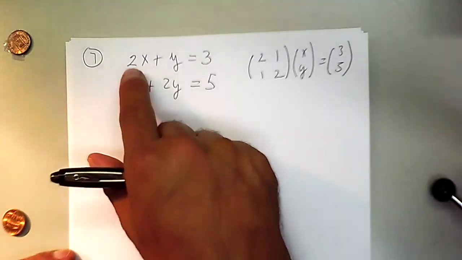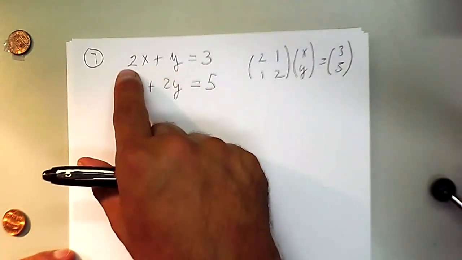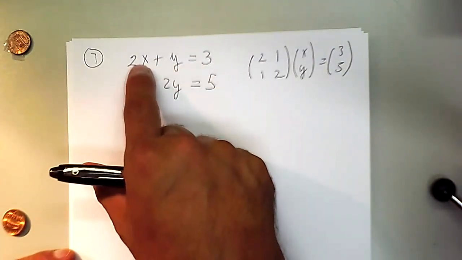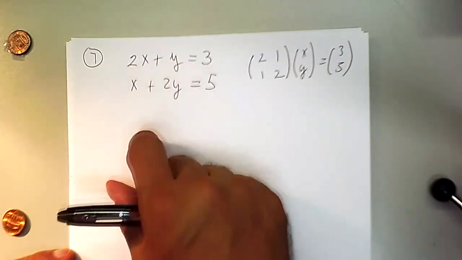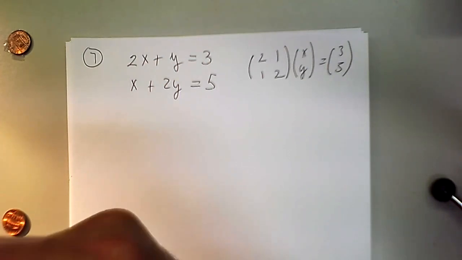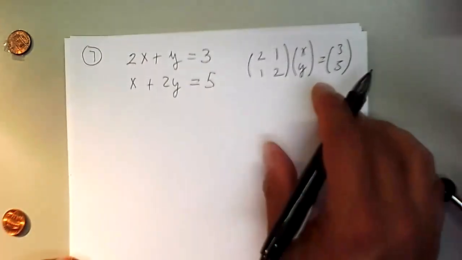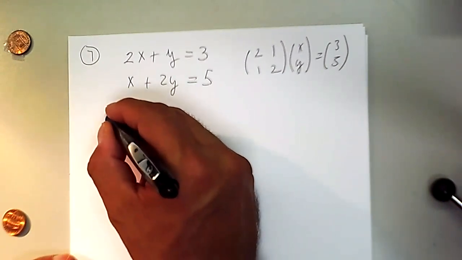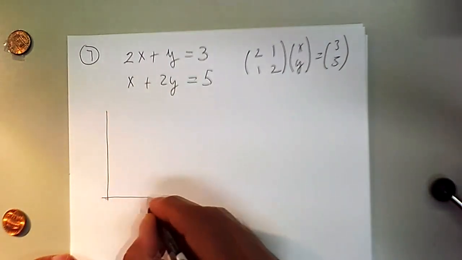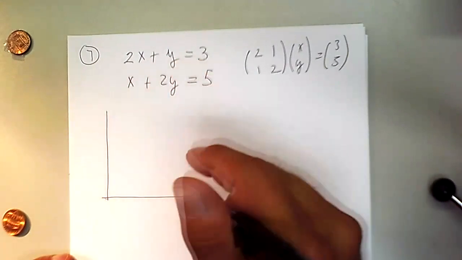So what is one interpretation of this? We may not get whole numbers, because of the 2 dividing the 3. Well, we'll see what happens. Okay, so let's draw a picture for the lines.